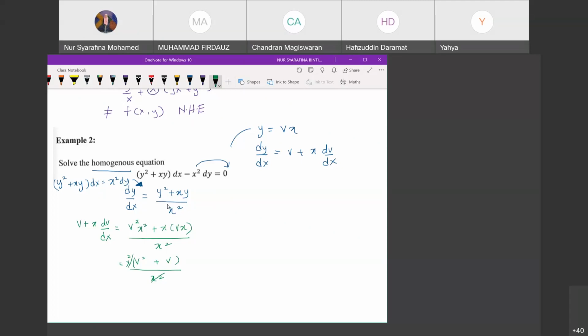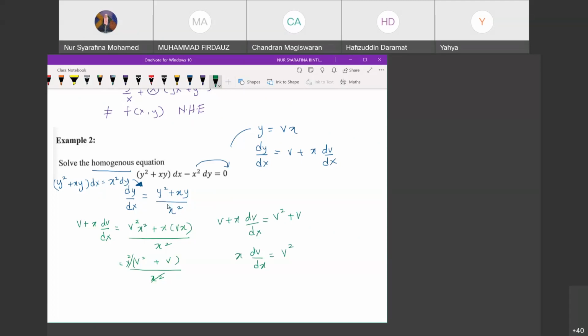Right? So we have v plus x dv/dx now equals to v squared plus v. So x dv/dx equals to v squared plus v minus v. So we have v squared only.